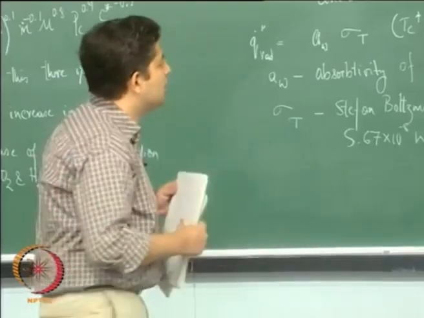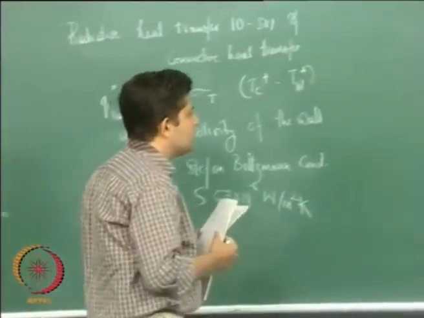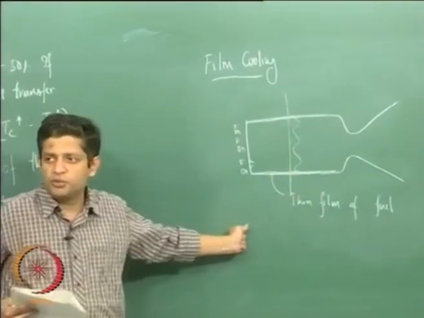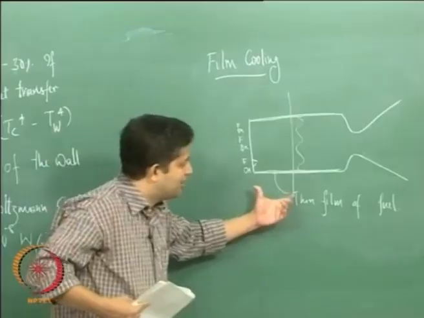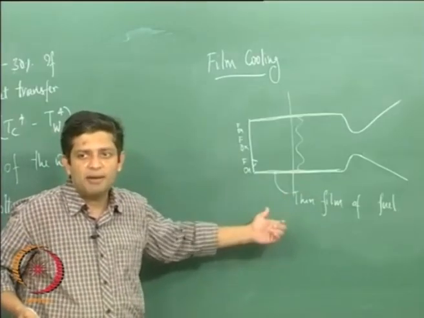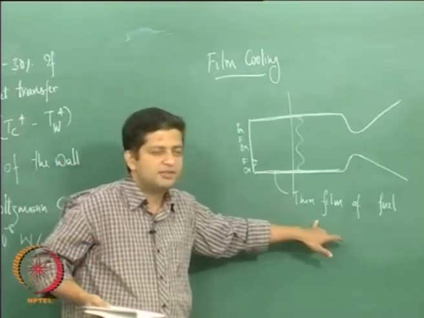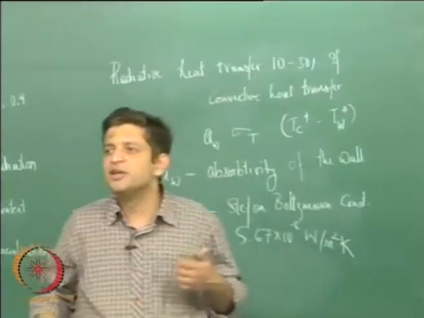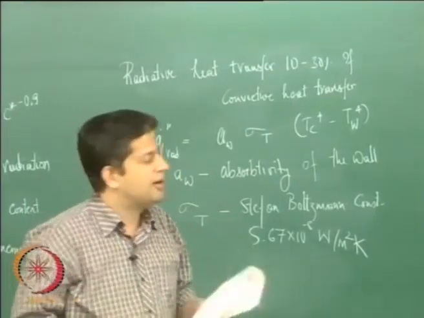And as I said earlier, in some low thrust liquid rocket motors, you could have a certain region in the combustion chamber which is laminar, and other regions could be turbulent. We have looked at how to take care of things if the flow is turbulent.